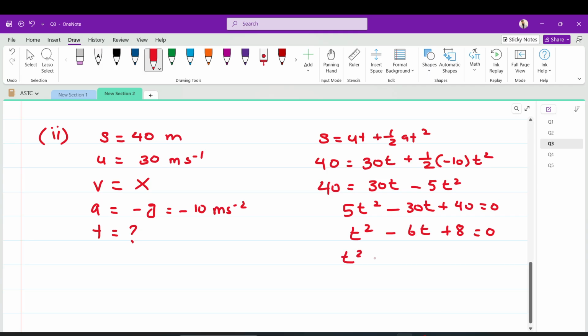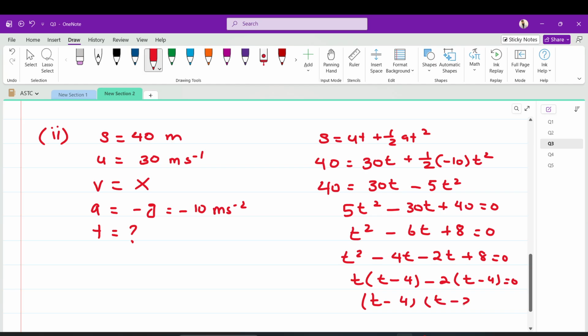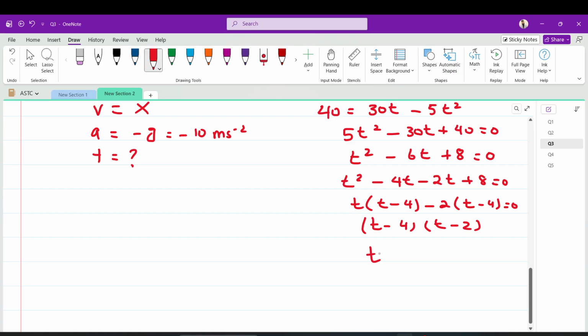So that will be t squared minus 4t minus 2t plus 8 equals 0. t will be factorized over here, and minus 2 will be factorized. So (t minus 4) times (t minus 2). Therefore, t is equal to 4 seconds and t is equal to 2 seconds.